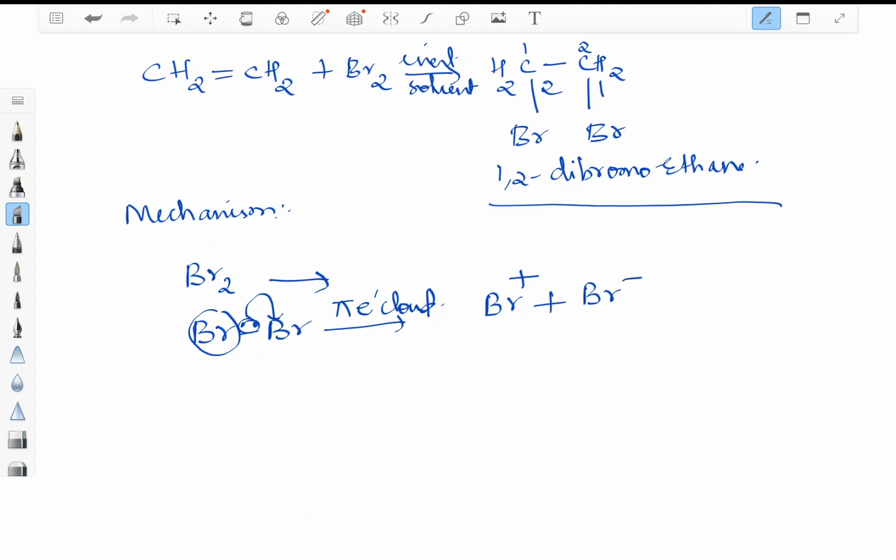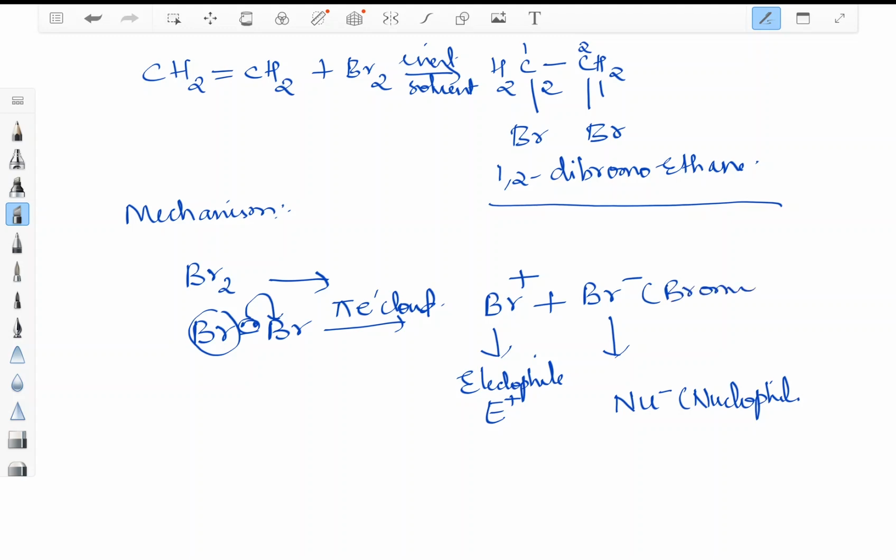The Br with positive charge is called an electrophile, E plus. The Br with negative charge is called Nu minus, that is nucleophile. This is bromide ion. This one is bromonium ion.